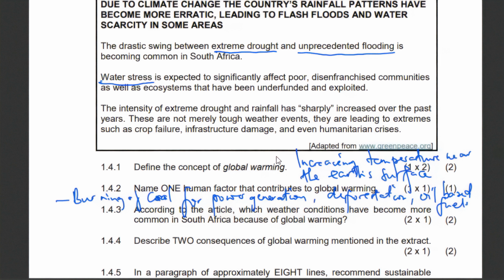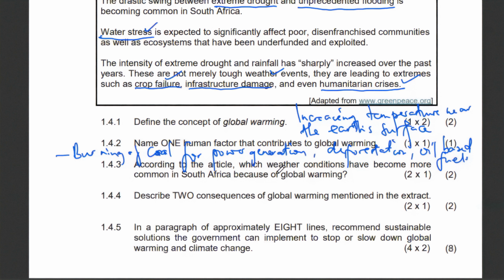Then the intensity of drought and rainfall has sharply increased over the past years, which relates to aspects of crop failure, infrastructure damage, and humanitarian crisis. So it's 1, 2, 3, and then 4. You can discuss those. You just have to give a brief description of those problems, like water stress and how it impacts, and also the problem of crop failure and infrastructure damage.